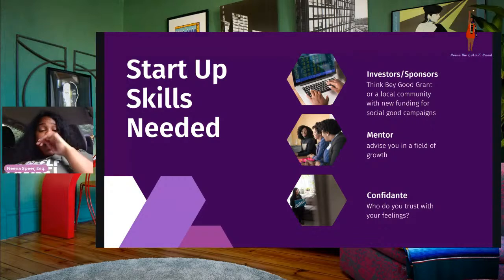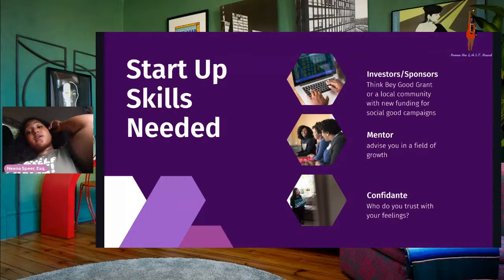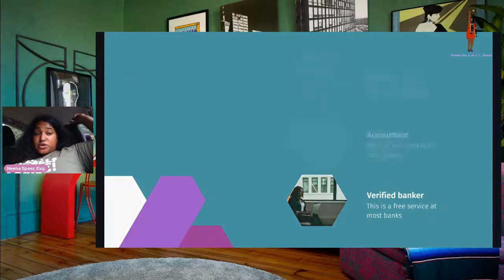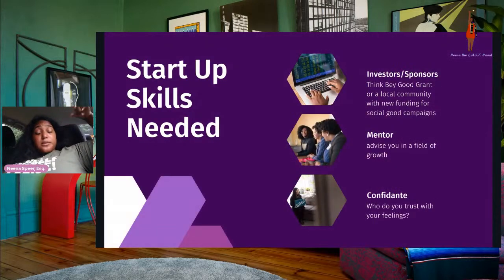This is usually found in maybe even one person. All of these skills can be found in one person. The same thing with this. All of these skills could be found in you. If that's you, great job. If not, you and one other person, because you need some bankers. You need some banking assistants.